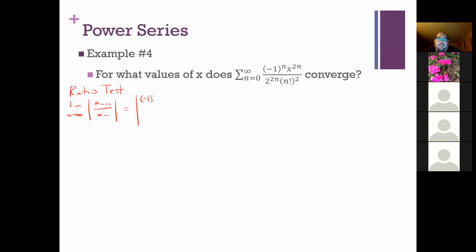I'm going to have -1 to the n plus 1 times x to the 2 times quantity n plus 1 over 2 to the 2n plus 1 times n plus 1 factorial, that quantity squared, over -1 to the n times x to the 2n over 2 to the 2n times n factorial squared.